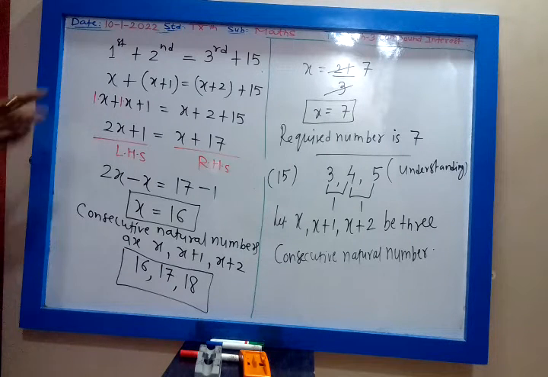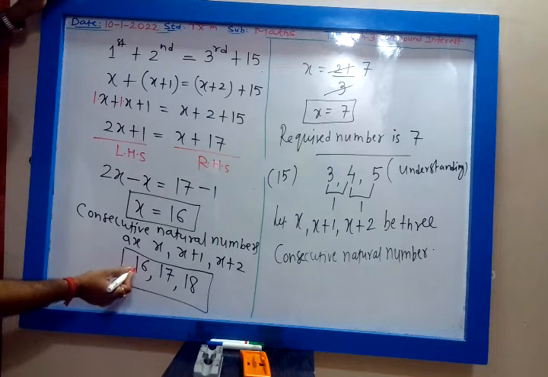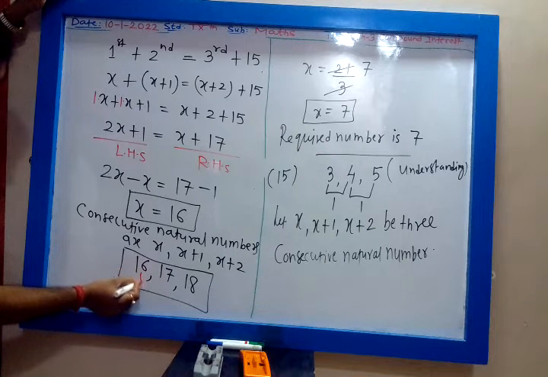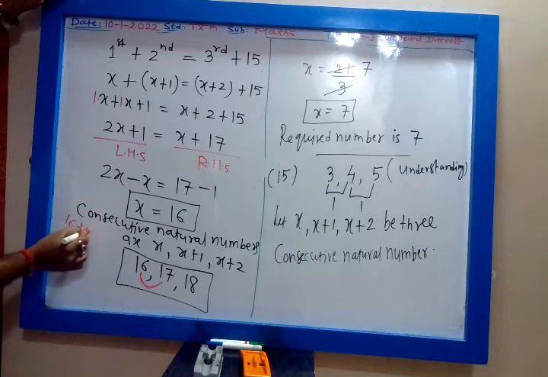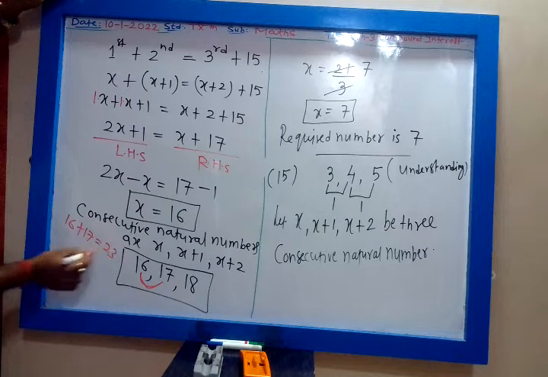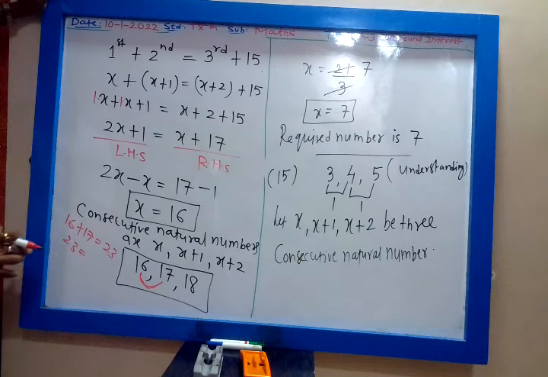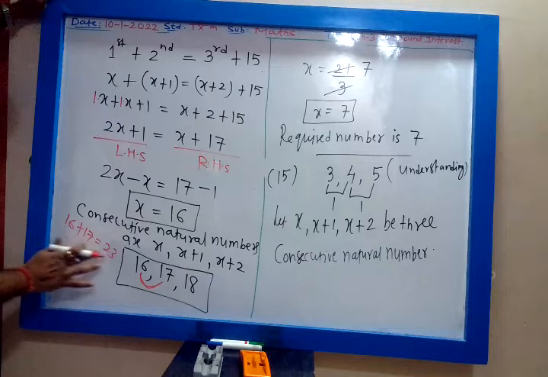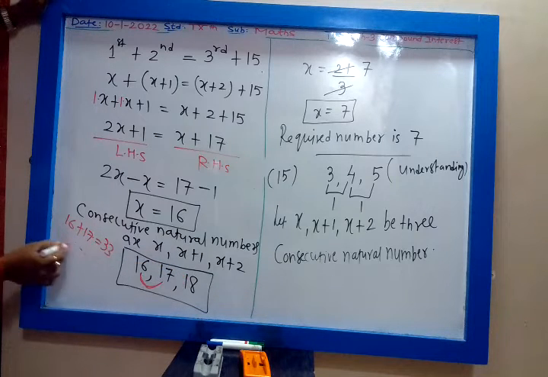And clearly you can verify whether your calculation is correct or not. What is first plus second? 16 plus 17 is 33.